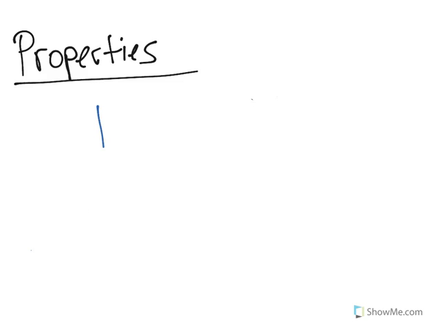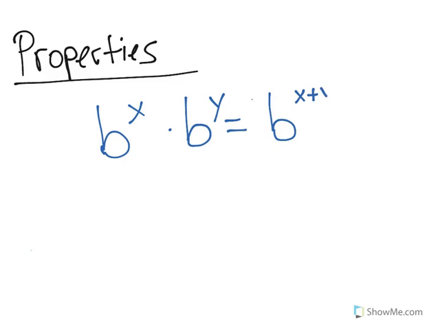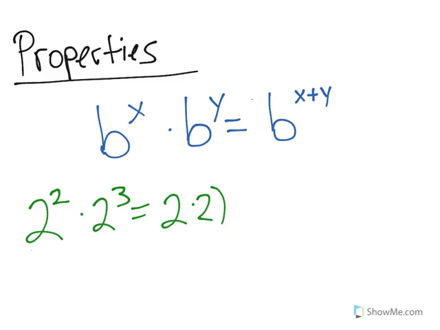Another property we want to use is the fact that if I have b raised to some exponent x, times b raised to some other exponent y, then when I multiply these, the result is just b raised to the x plus y power. To prove this, let's take 2 squared times 2 cubed. 2 squared is 2 times 2.